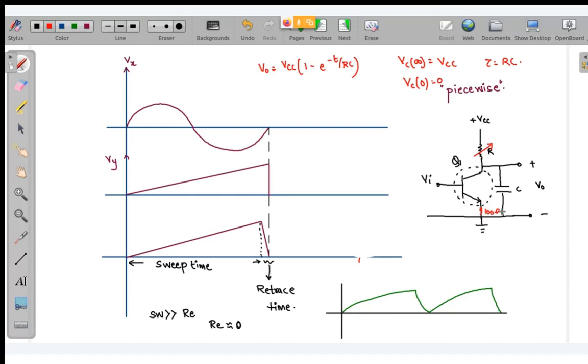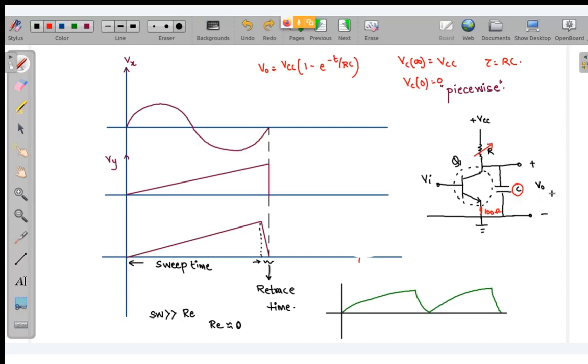So there is a negligible amount of retrace time. Why? Because this capacitor is either in the millifarad or microfarad region, so the time will also be in milli or microseconds. That is why there is a negligible amount of retrace time. Is it clear?